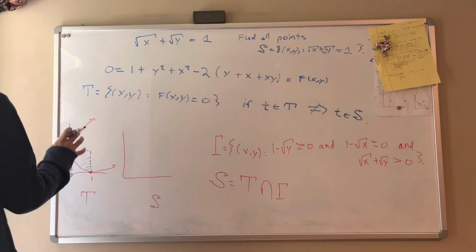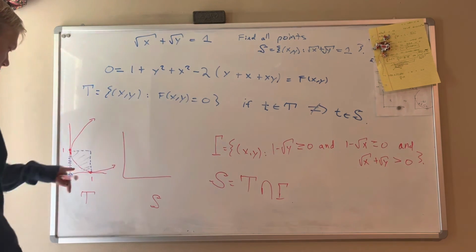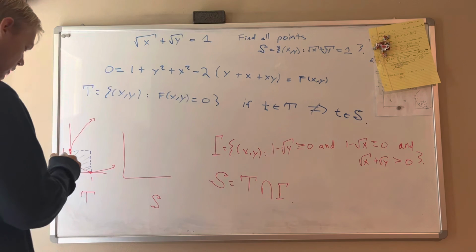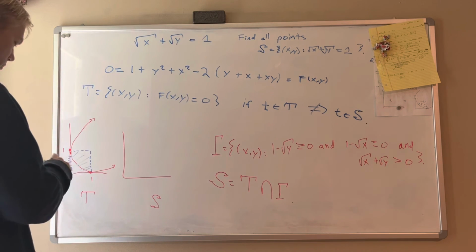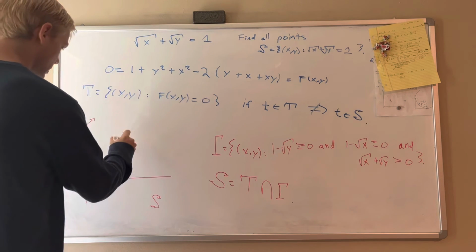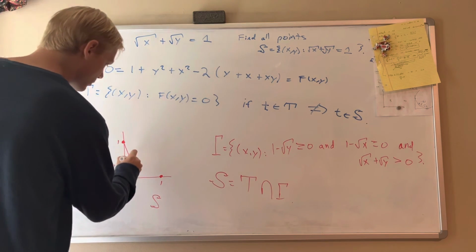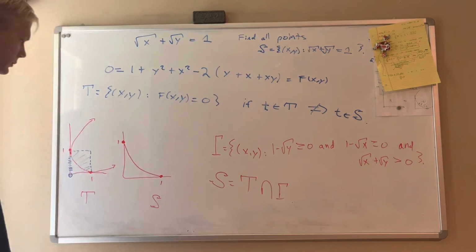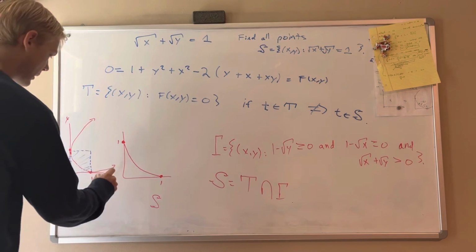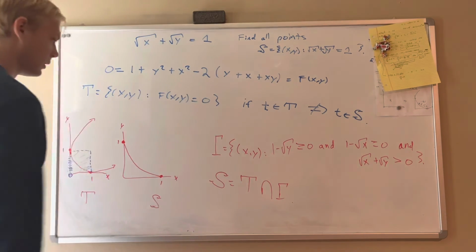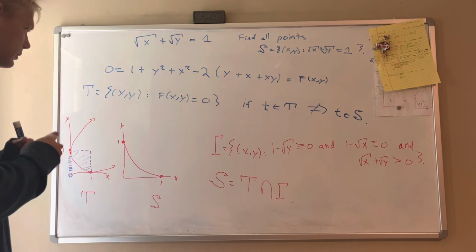So if you intersect this region with that curve, you just get the curve here. And this is Y, this is X. So that's what I'm trying to show you.